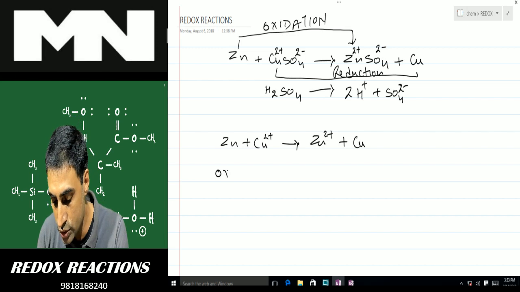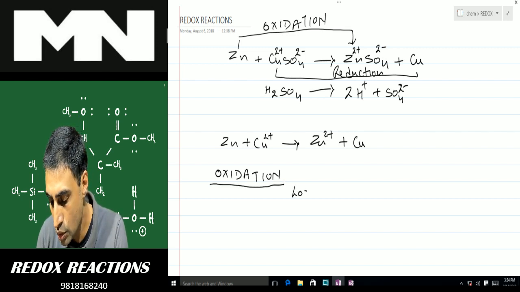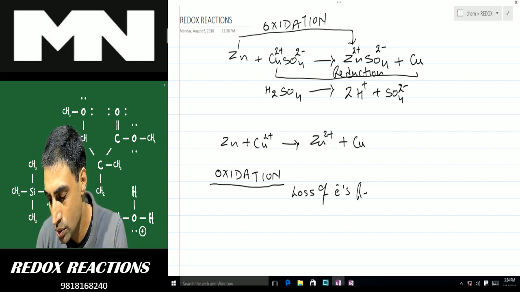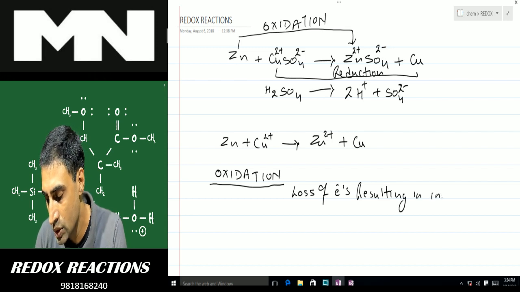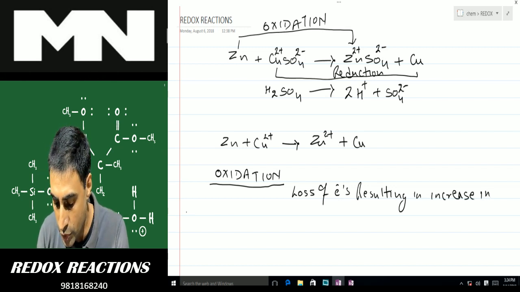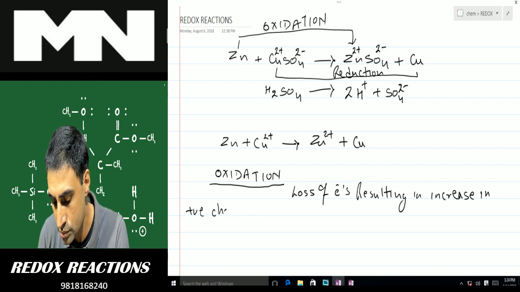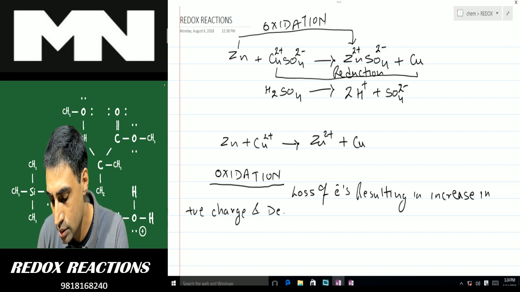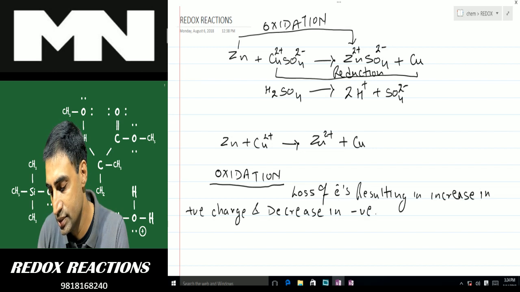So we'll see what oxidation is. Oxidation basically is loss of electrons resulting in increase in positive charge and decrease in negative charge.